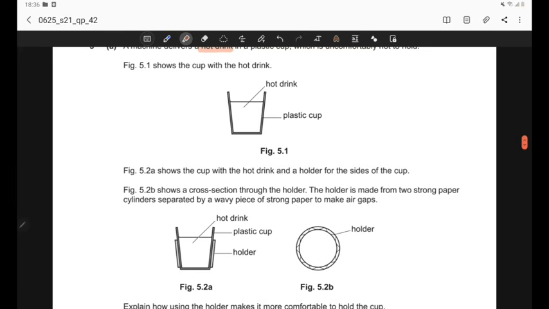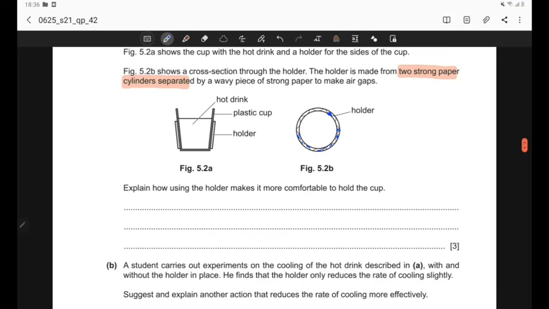Figure 5.2b shows a cross-section through the holder. The holder is made from 2 strong paper cylinders separated by a wavy piece of strong paper to make air gaps. So there are air gaps present in the holder.